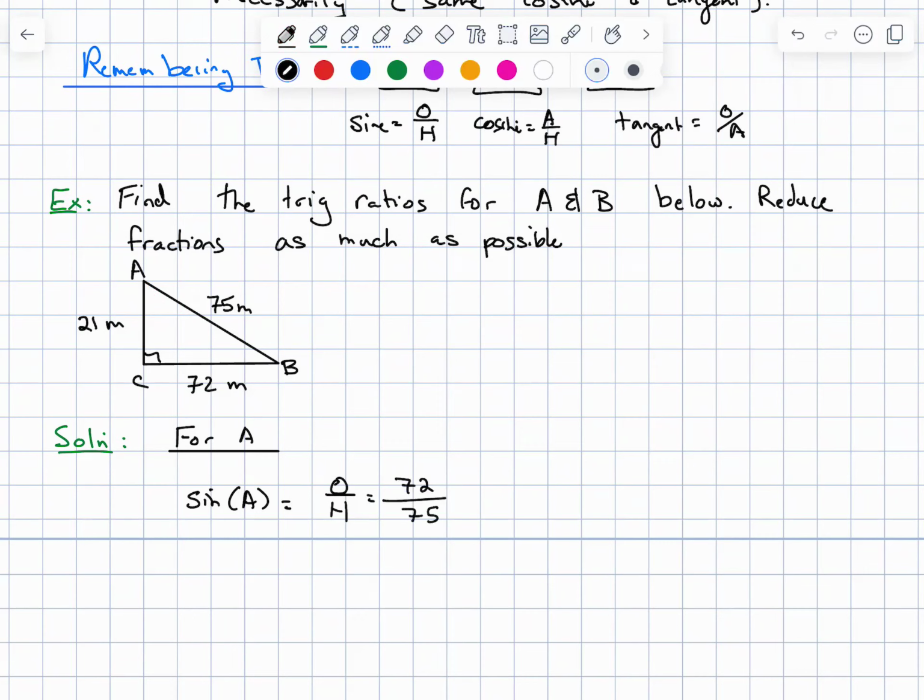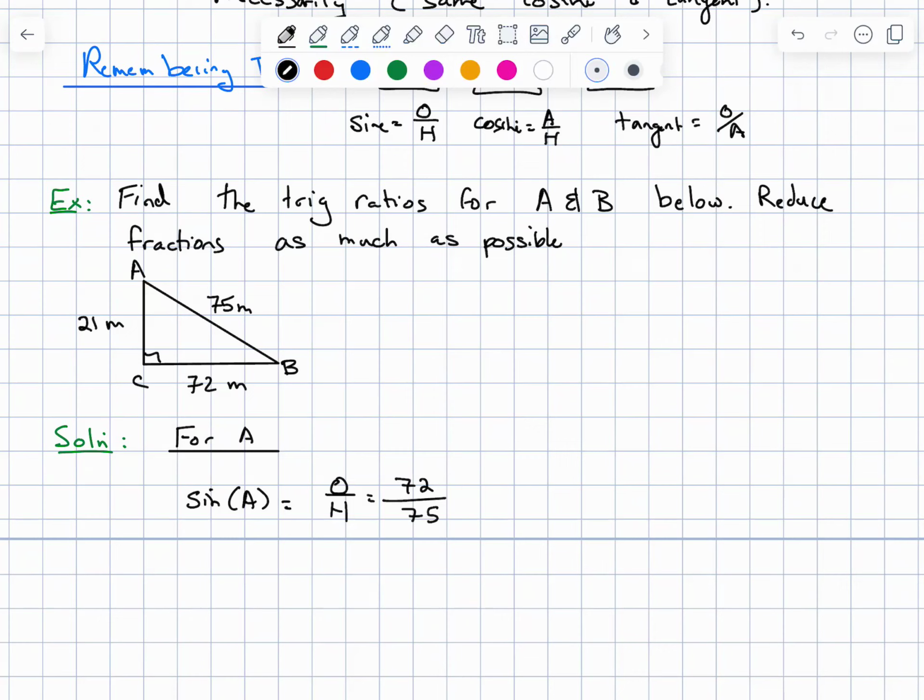Notice I said reduce the fraction as much as possible. So what that means is we're going to try and find common factors. And it just so happens that each of these is divisible by 3. And the good news is if you bought the calculator I suggested, it will reduce the fraction for you.